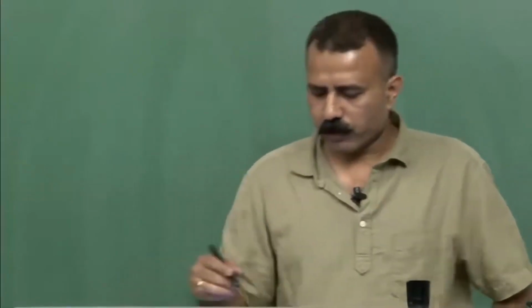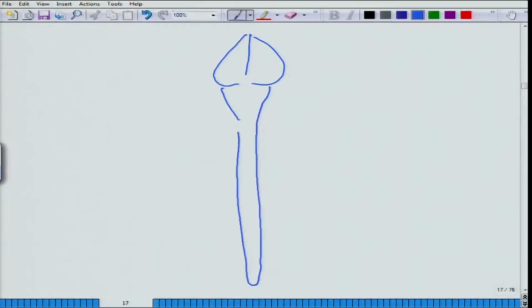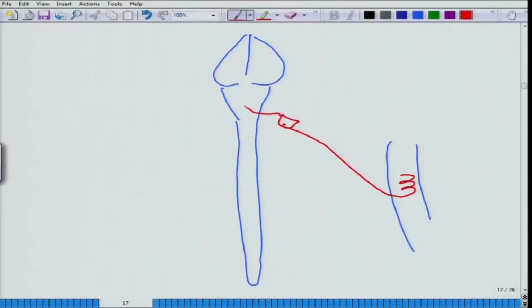So, say for example, if this is the brain and this is the spinal cord, and here you have the muscle tissue from where the response has to come. This is the wrapping of the muscle on the sensor element which is coming here.